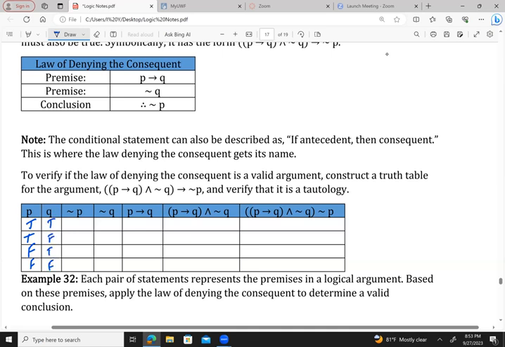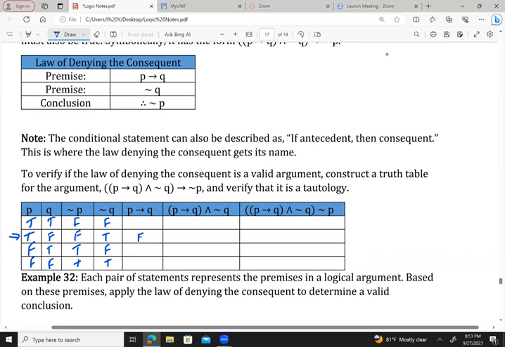Here we're doing not P, so false, false, true, true. Not Q is false, true, false, true. Now we're looking at if P, then Q. This is the only line that's false, where P is true and Q is false. I'm looking at false here and true everywhere else.